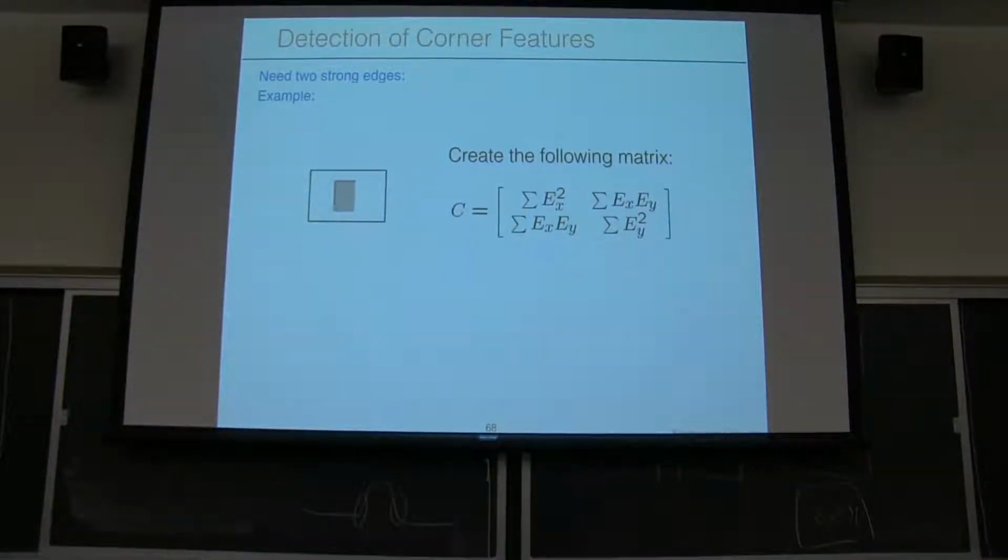All right, now why is this matrix any good to find corners? Let's say I did this for a neighborhood around that corner. What is that matrix going to look like?